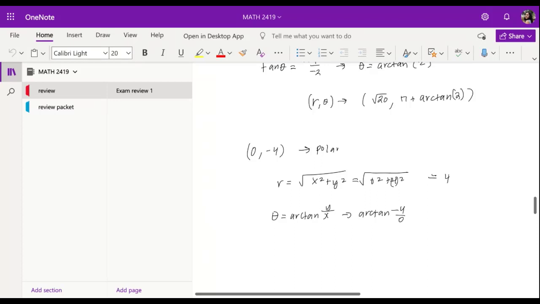So keep in mind what your original coordinate is and then choose your theta value accordingly so you are in the correct quadrant. So for this one, theta is going to be 3 pi over 2. And so our final answer is going to be (4, 3 pi over 2).